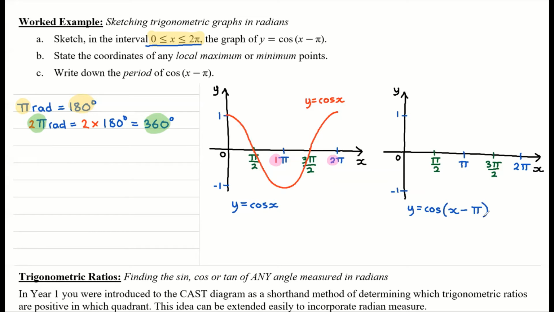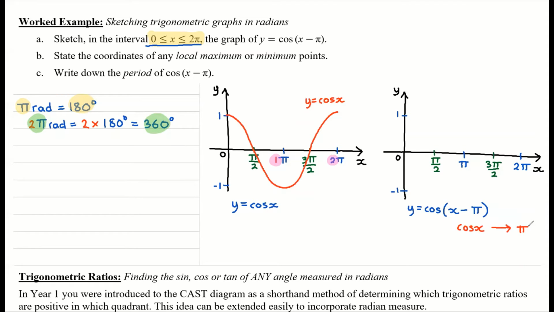Now, pi, of course, as you know, is 180 degrees. If we're subtracting, this is telling us we're going to have to take my cosine graph and move it in the opposite direction to what you'd anticipate, inside opposite. We'd have to move it pi radians to the right.